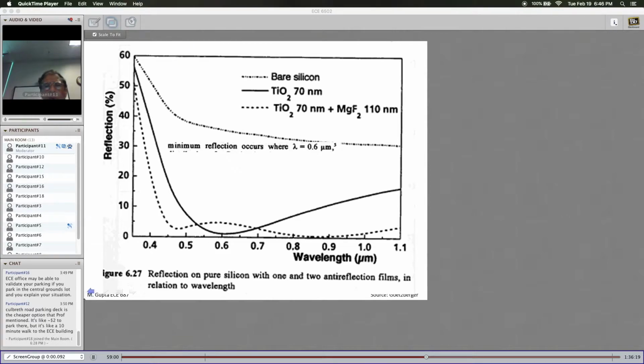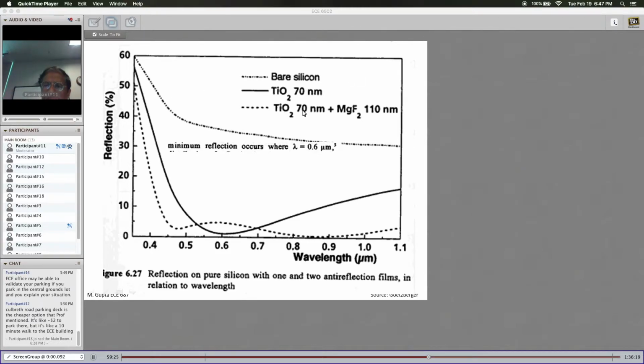Okay. So what people do to overcome that problem is they try to add a couple of different layers, designed with multiple layers, because our formula and discussion was limited to a single layer. But now you can have software which allows you to calculate for multiple layers.